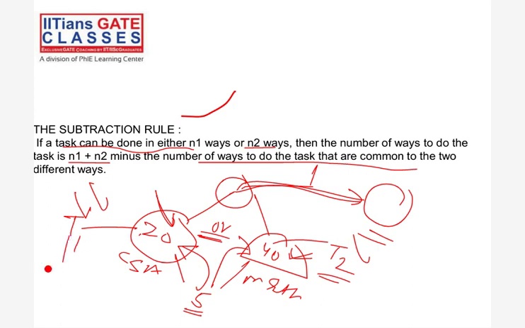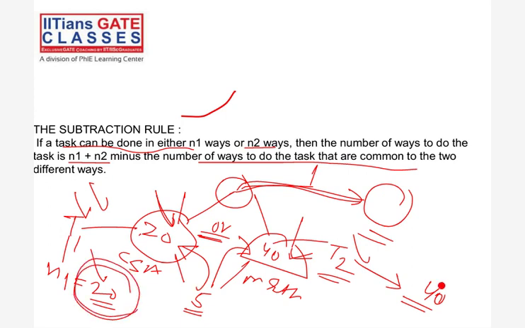The number of ways to complete task T1 is n1, which is equal to 20, and the number of ways to complete task T2 is 40. Now, if these ways were different from each other, we would have just added them: 20 plus 40.